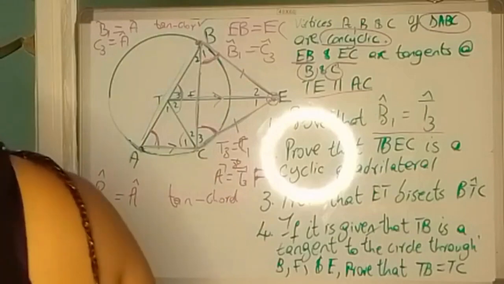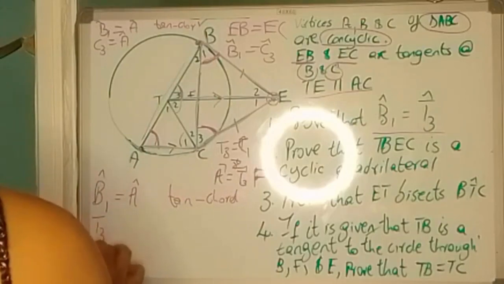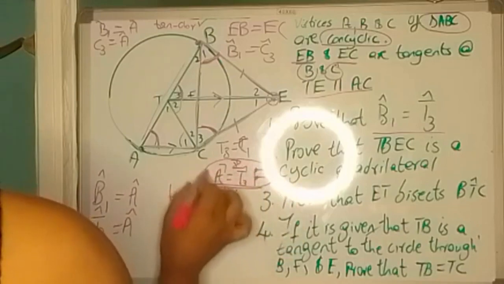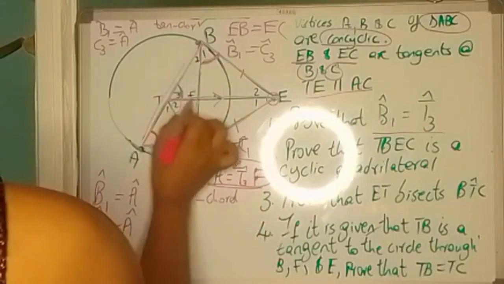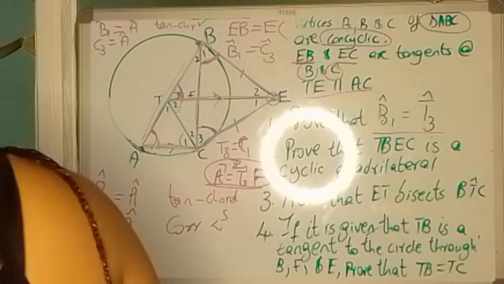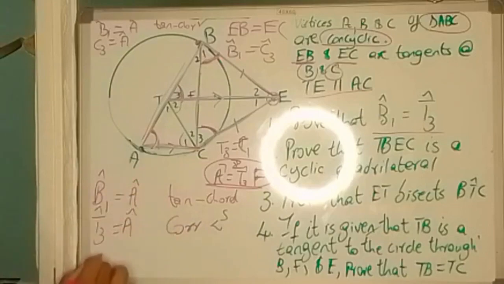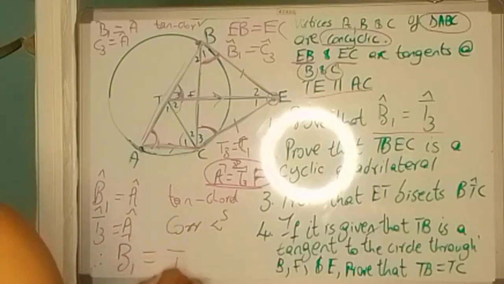Secondly, we also noticed that T3 is also equal to A. It's this information we just drew here because of the parallel lines, so we get corresponding angles. Since B1 and T3 are both equal to A, therefore angle B1 is equal to angle T3, which is what we are asked to prove.